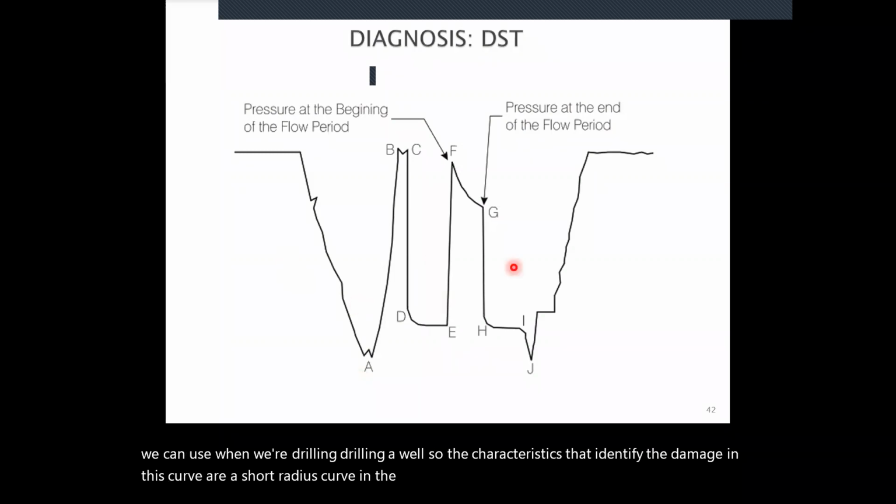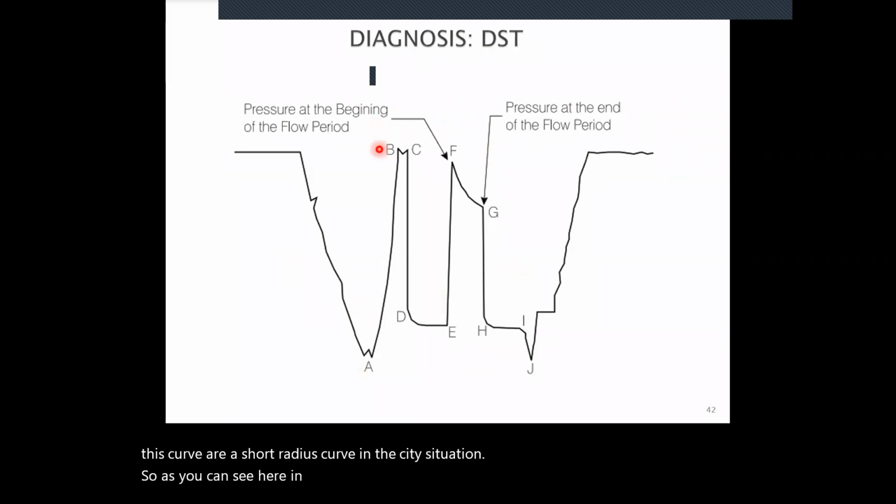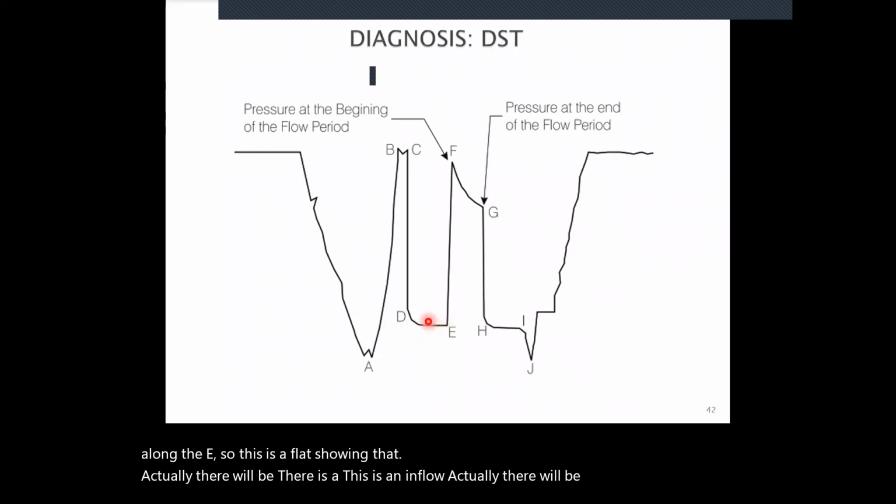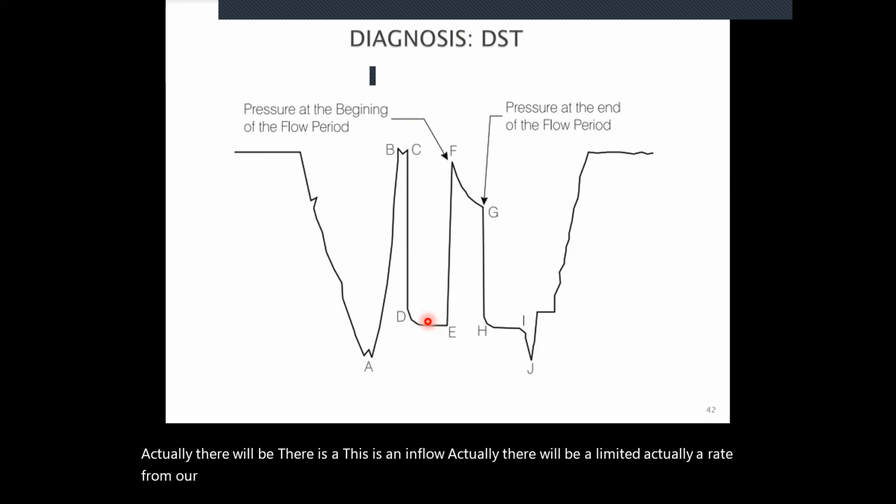As you can see here in the CDE, we have a short radius in the curve, and almost a flat line along DE. This flat line shows that there will be a limited rate of inflow from our reservoir to the wellbore.